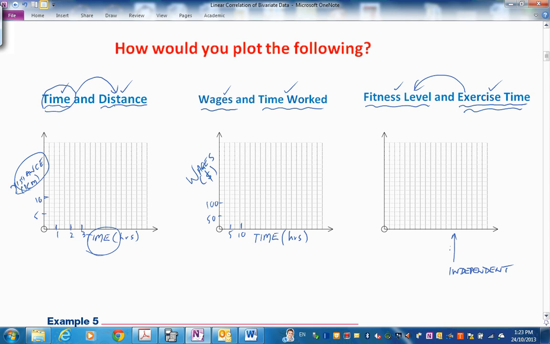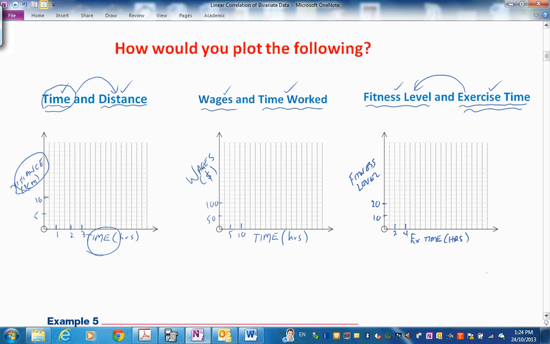So down here, the independent variable in this case, let's remove all this now, would be the exercise time, whatever units you're putting it in, hours, and then looking at how fitness level depends upon that. Fitness level up there, and again marking in a scale, 2, 4, whatever you choose. I don't know what these units will be in, 10, 20.